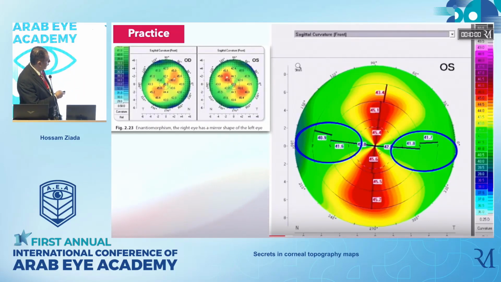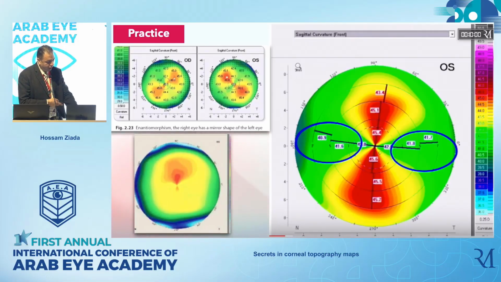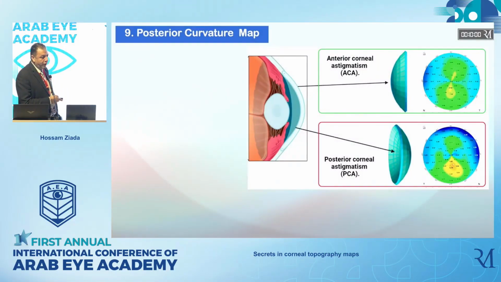But you may find it vertical or oblique, like in these patients. Both of them are quite normal, provided that all other maps are okay. So these examples showed how to detect the points and how to suspect on the anterior curvature map.